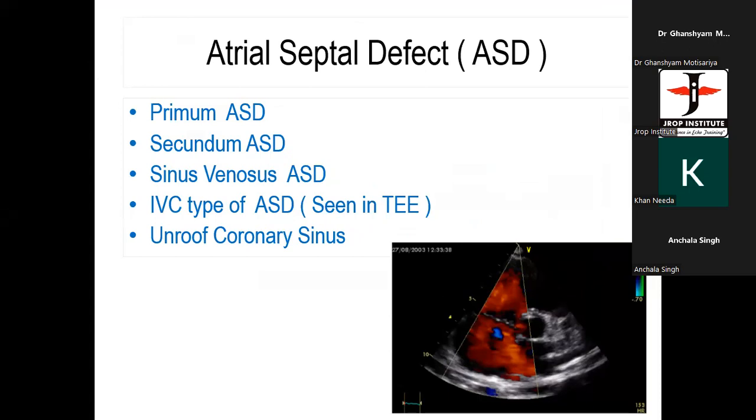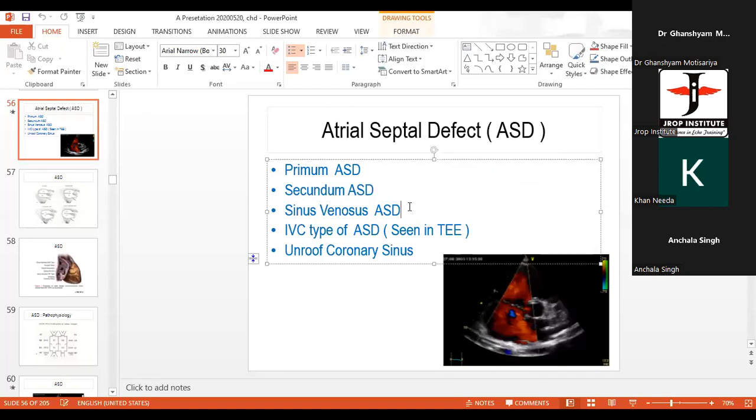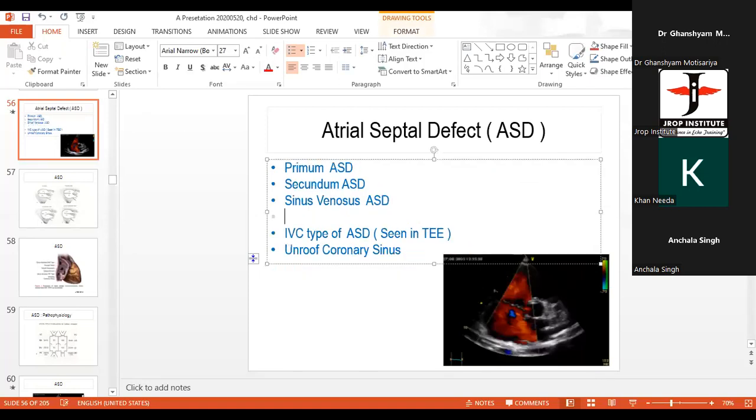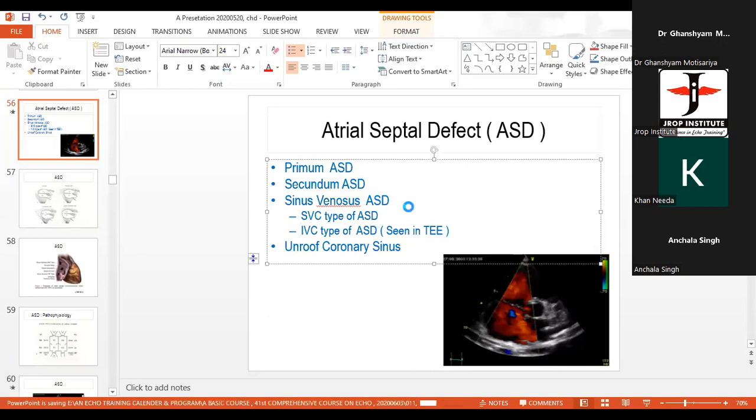Its variety like SVC type of ASD, and second variety is of course IVC type of ASD, which is not easily seen in transthoracic echocardiography. It's seen in transesophageal echocardiography.